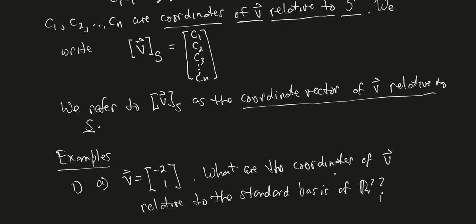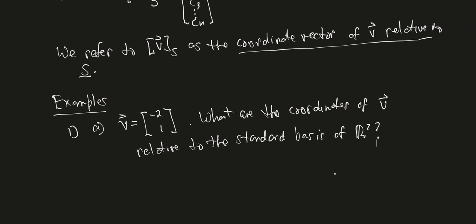Well, we know what our standard basis is, right? And if we use the typical order, here is the basis. In fact, let me write it out first using the E notation. So E1 and E2.